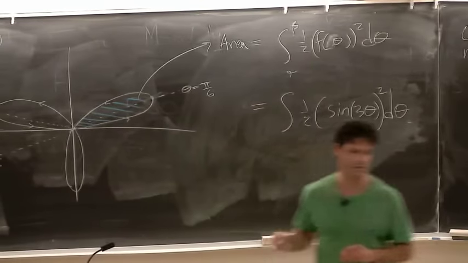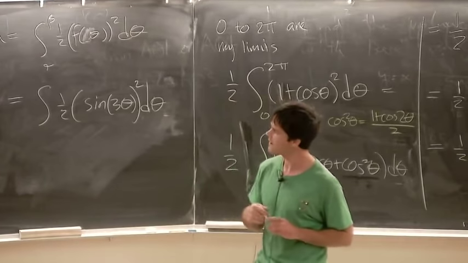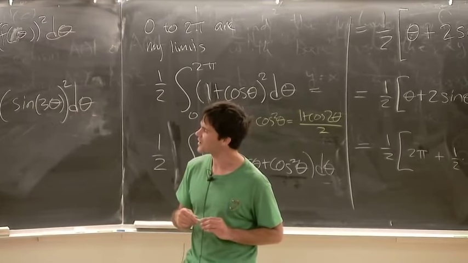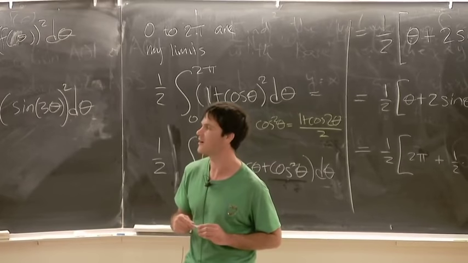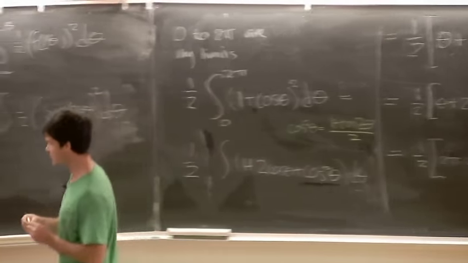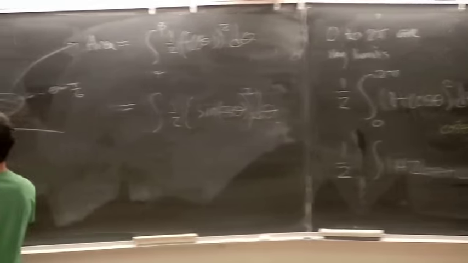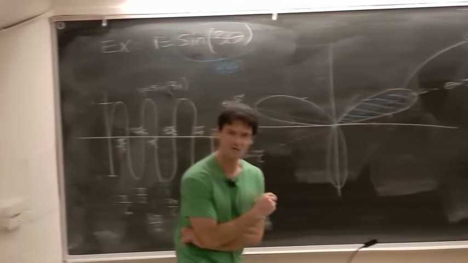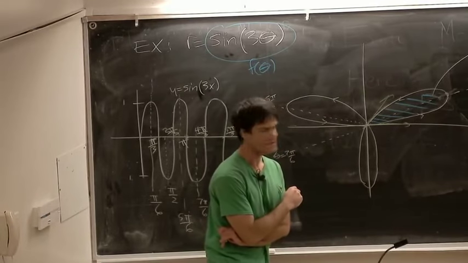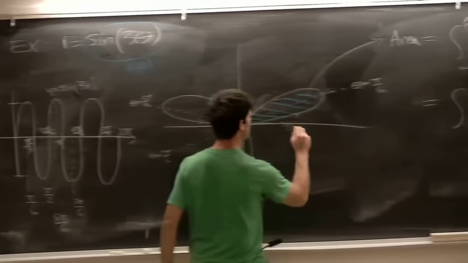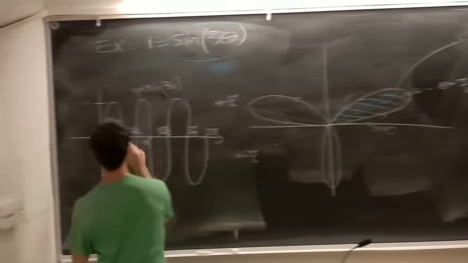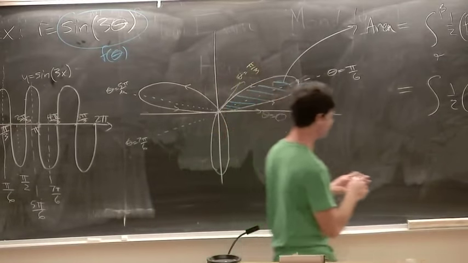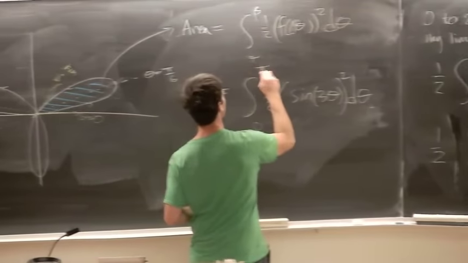And like I said, the challenge here is finding the limits. Can you guys see what the limits are? If you mess them up, you'll get the wrong area. So the limits, here, look at what angle was this, and what angle was that? Those are my two limits. Yes, actually, this was theta equals 0, and this was right when it hit 0 again, which was at pi over 3. Good. So we'll get 0 to pi over 3.